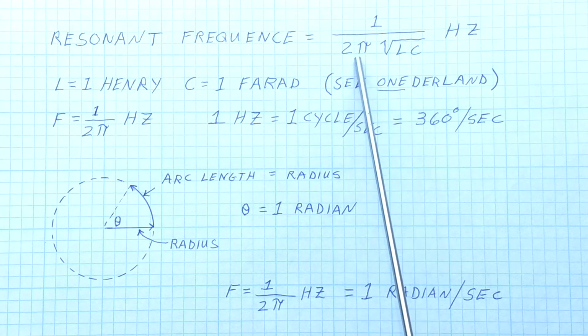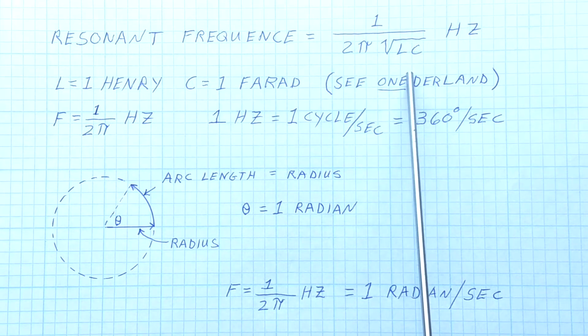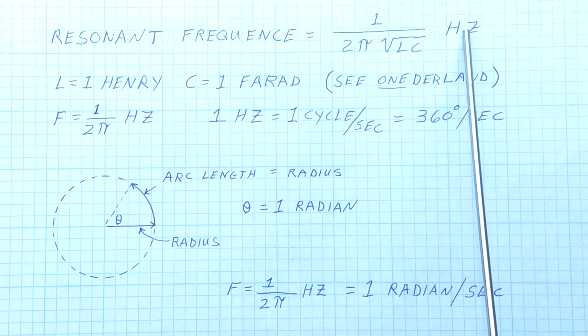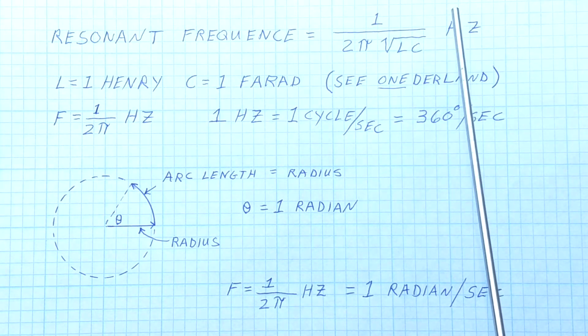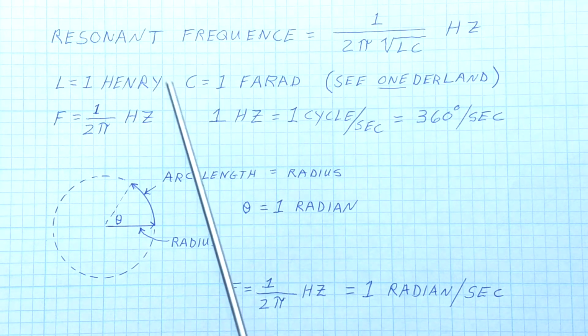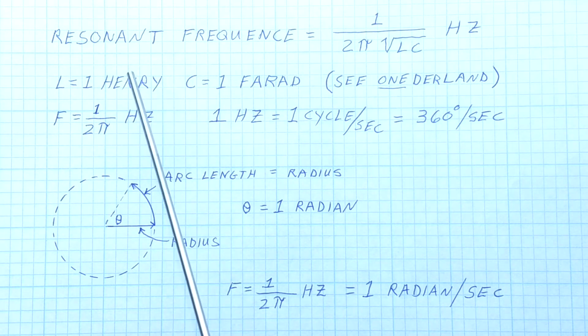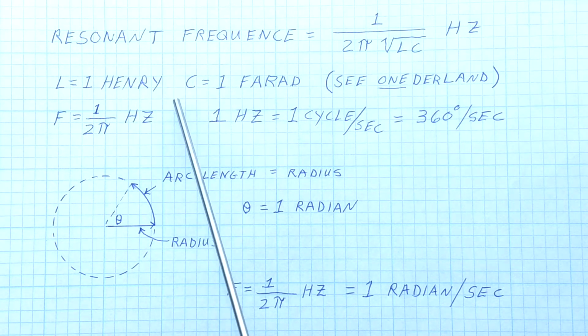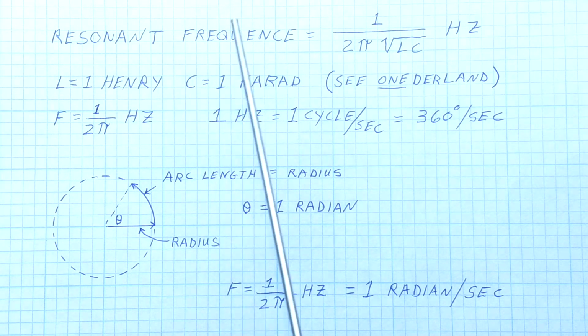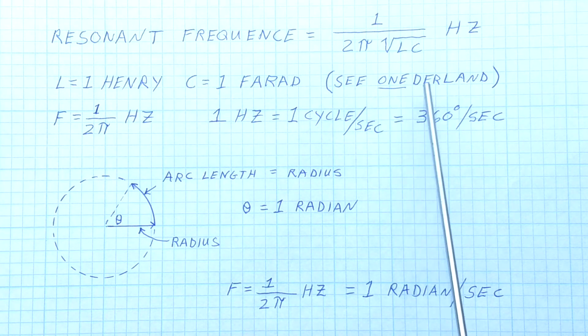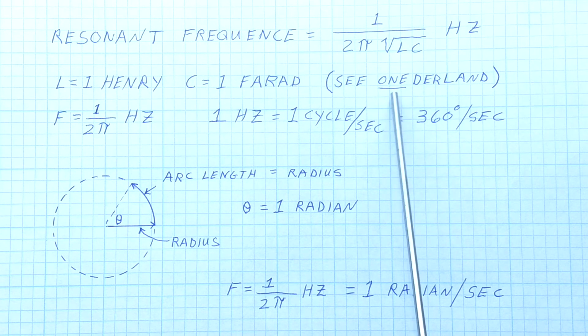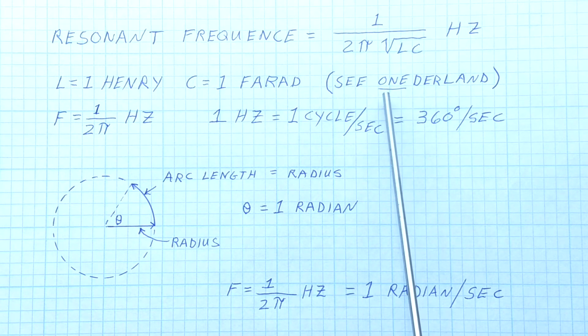So here's our resonant frequency again, given in hertz. Now in my previous video on LC, and there's a link below to it if you missed it, I explore what I call Wonderland, where wonder is spelled with a 1.